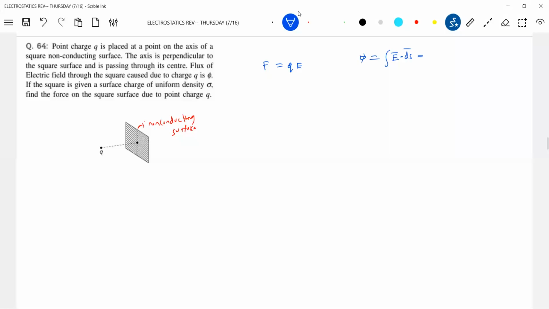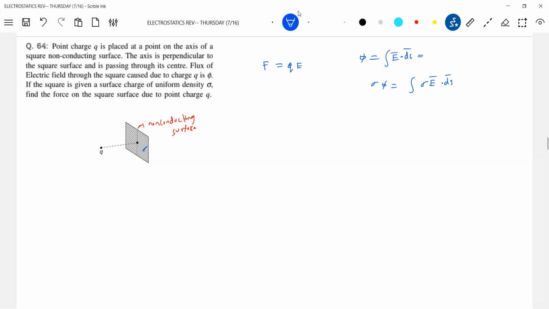So here what we do is, if I multiply with sigma, because what I needed is QE. QE is needed for this. So shall I multiply this equation with sigma? If I multiply with sigma flux, tell me what sigma into ds will be? Sigma is charge by area.